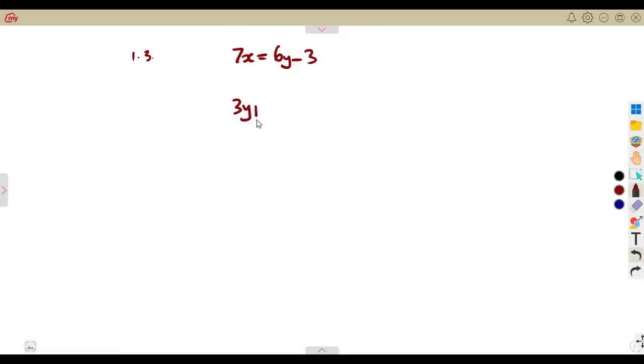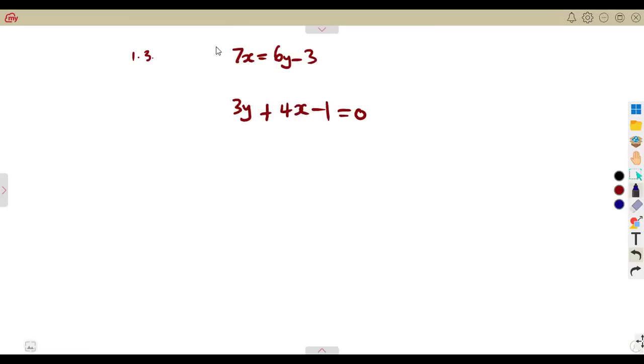All right, another equation, it was 3y plus 4x minus 1, which is equal to 0. So you are asked to solve the following simultaneous equations. You're not told which method to use. Are you going to use substitution? Are you going to use the elimination method? It's in your hands.